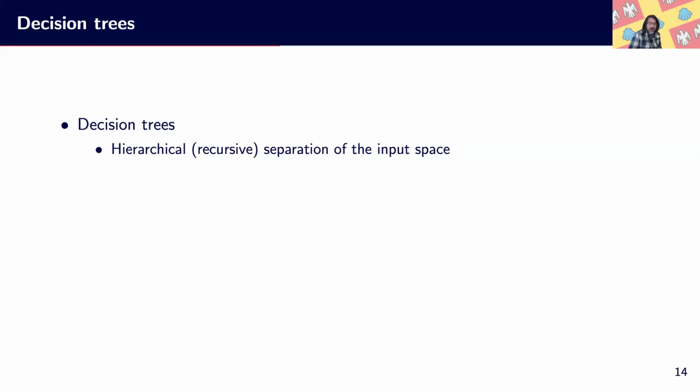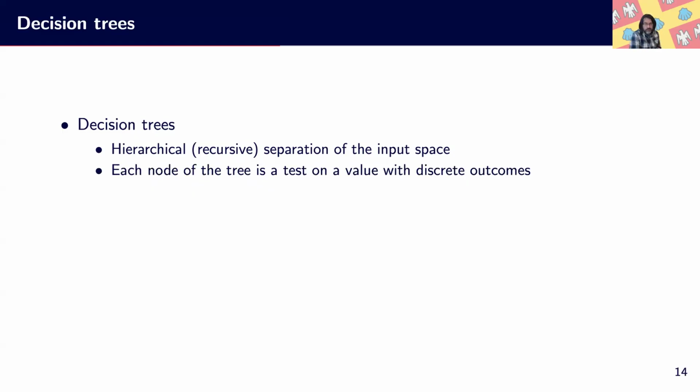Decision trees make a hierarchical separation of the input space in a rather recursive way. We build the root and then go down through the branches and nodes until we reach the leaves of the tree. Each node of the tree is a test.